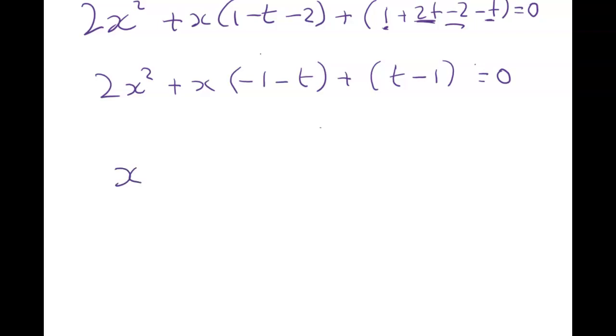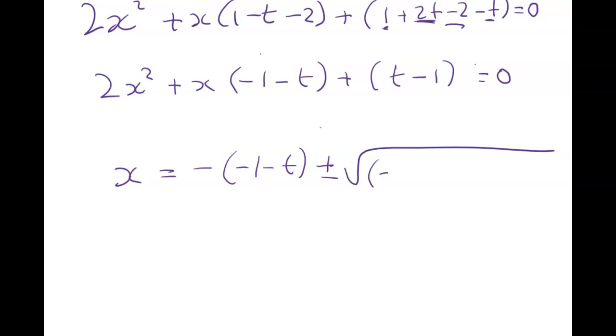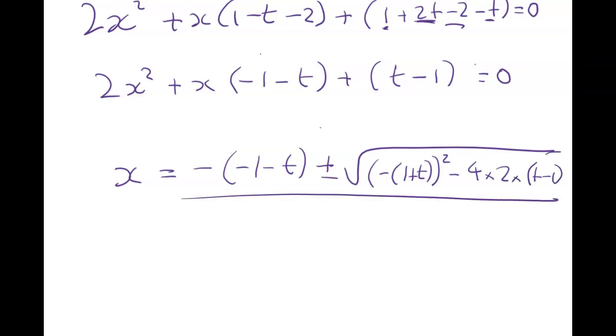So now I'm going to put that into the quadratic formula. So x is equal to negative b, so negative 1 minus t, plus or minus the square root of b squared minus 4 times 2 times t minus 1, divided by 2a, which is 4.